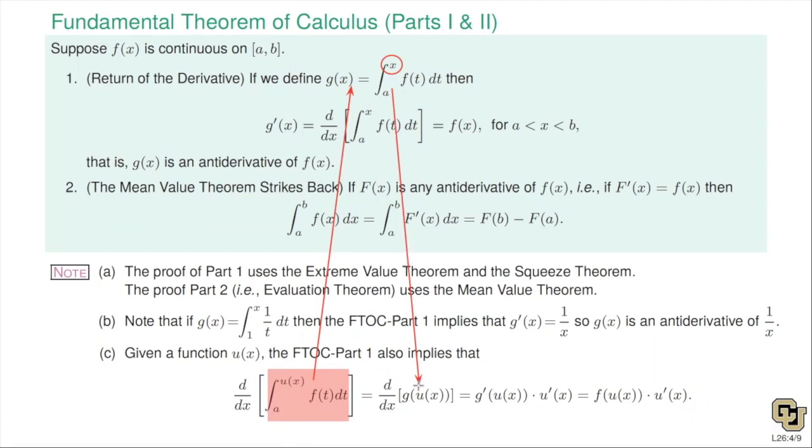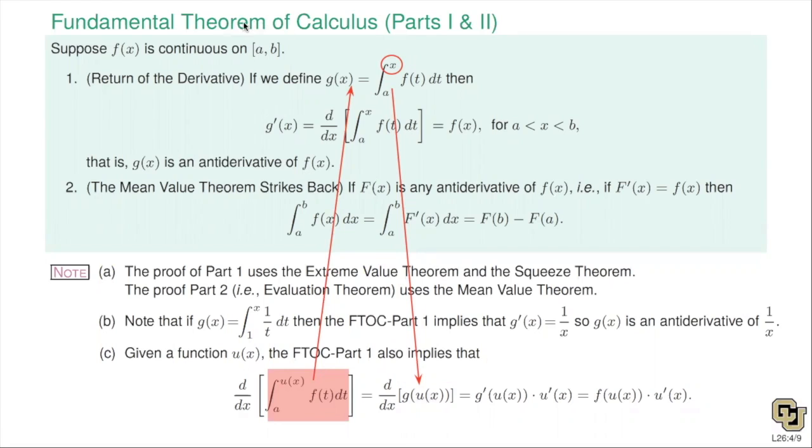Sorry, I said cosine; the next example we're going to do has a cosine. So if we take this function g of x and, where we have an x, replace that x with u of x, we get our integral from a to u of x. We can also think of it as a composition: g, where the x was replaced with u of x. So we've got g of u of x.